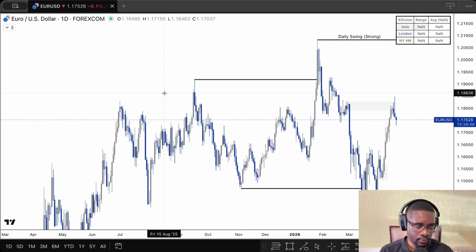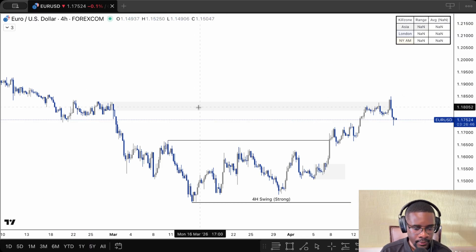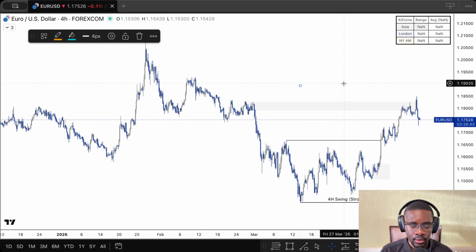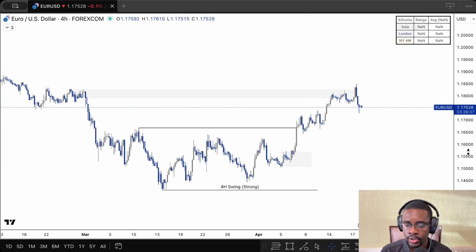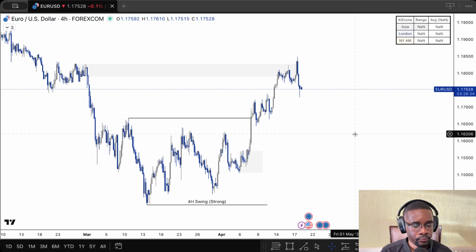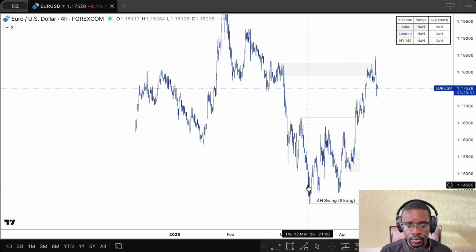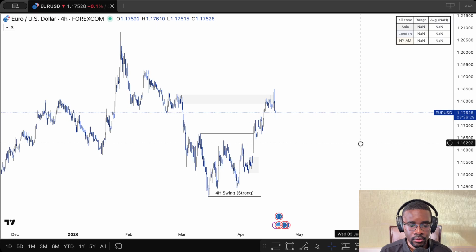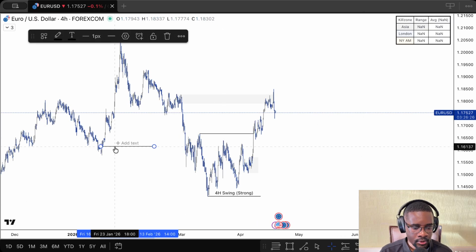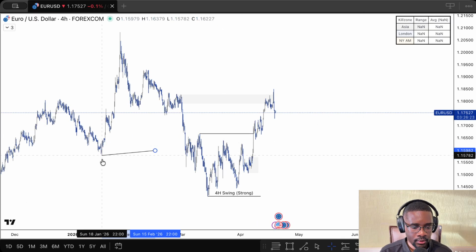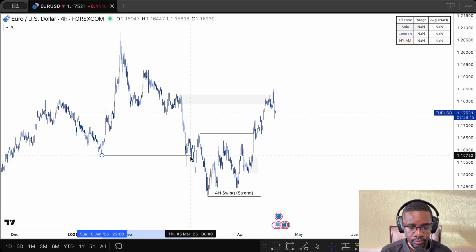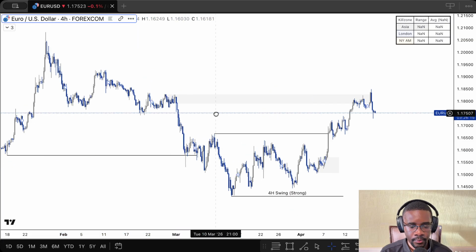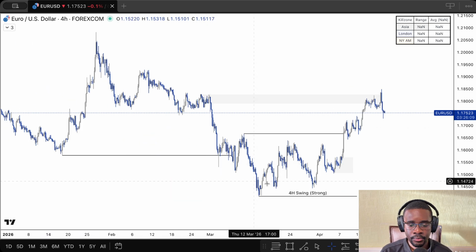So let's look at the 4 hour on the Euro USD. So this is the current range that we're in. That was our last break of structure, bearish.